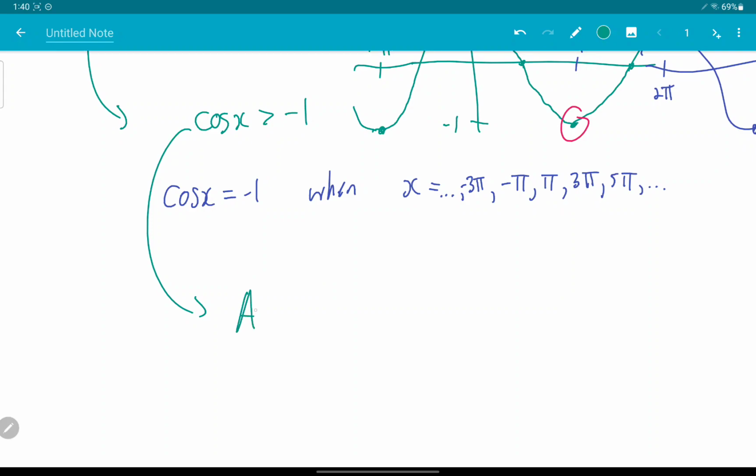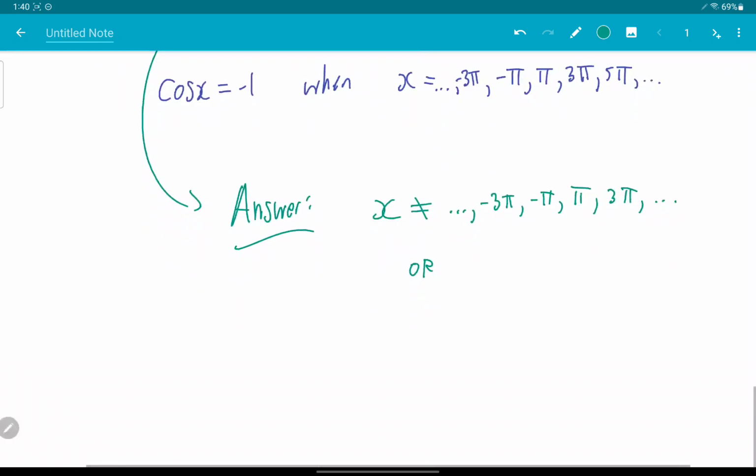So my answer to this question is x not equal to this list I have here. I can write like that. We have pi, 3 pi, so on.